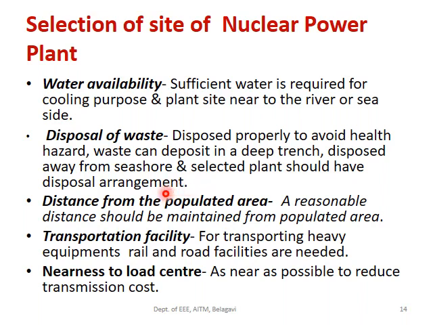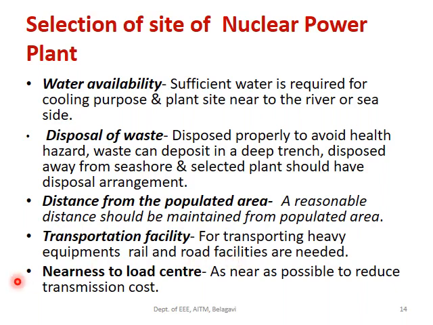For that reason, it should be located remotely, in a remote area, because we need to maintain a certain distance from the populated area. Next one is transportation facility. As we are aware, we need certain fuel for operation of this entire nuclear power plant. So the transportation facility has to be made available either through rail or through road.